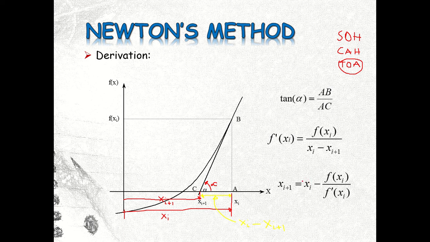Originally, class, when you cross multiply this one, it will be on this side, right?